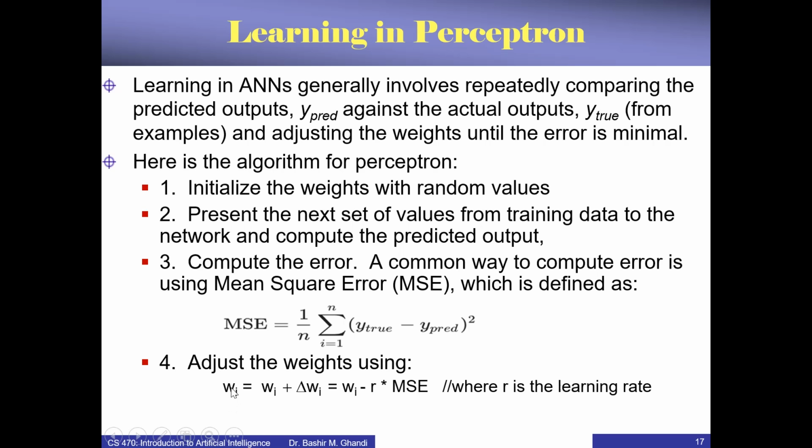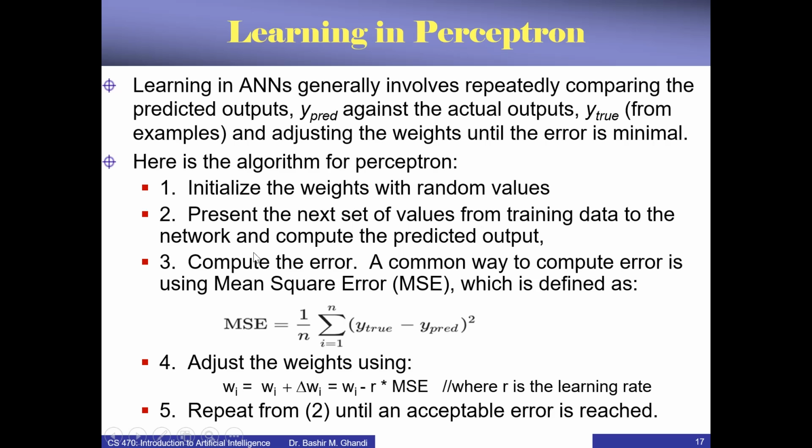Each weight is going to be its current value plus some delta Wi, where delta Wi is minus the learning rate, which is called R, times the value of the MSE. So you basically subtract this error from the current weight, thus giving you a new value of the weight. And then you repeat the process. So repeat from step 2 until an acceptable error is reached.